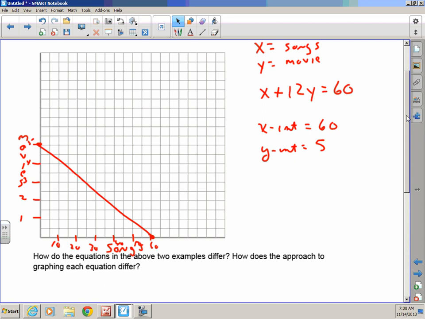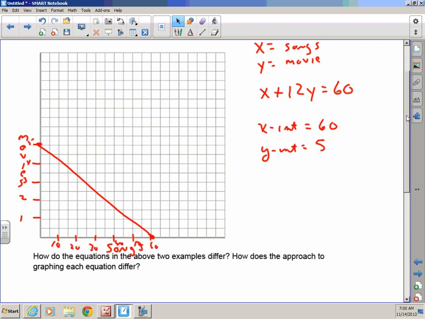If you also might remember, when we did graphing inequalities, if this was an inequality, then anything below the red line, including the red line, would satisfy the condition, meaning if I had $60 or less to spend. So that's how that all ties in.